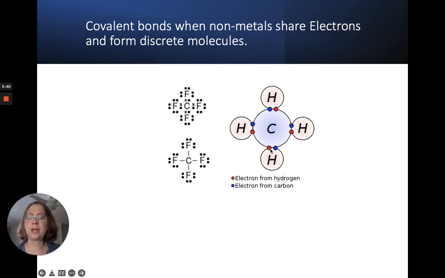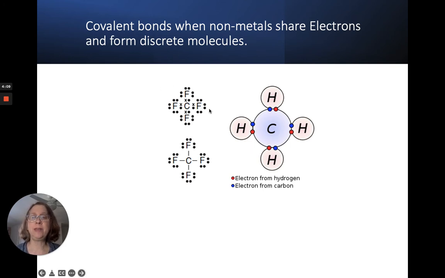They've kept their electrons in between, then carbon can feel like it has 8, because these blue ones come from the hydrogen, and the red ones it already had. So it can feel like it has 8, which is a noble gas configuration. Hydrogen can feel like it has 2, which is like helium. So as long as you stay together in this CH4 molecule, then you're happy. You're very stable. You have a noble gas configuration.